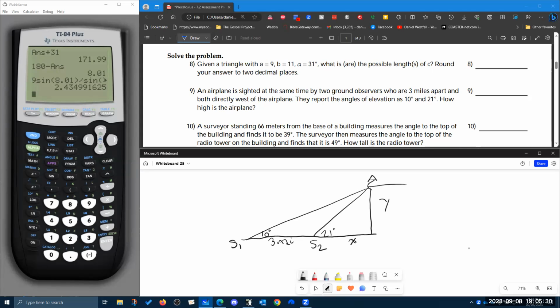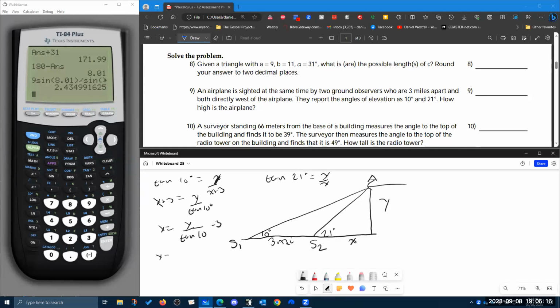So I have that tangent of 10 degrees is equal to y over x plus 3. And tangent of 21 degrees is equal to y over x. I want to keep the y's and get rid of the x's if possible. So x plus 3 is equal to y over tan 10, which means that x is equal to y over tan 10 minus 3.